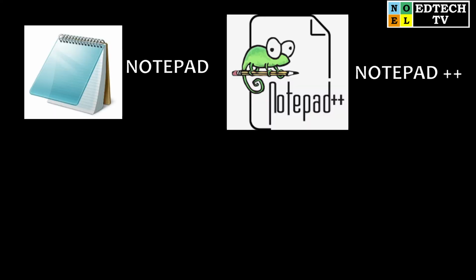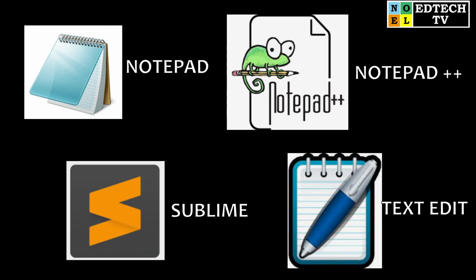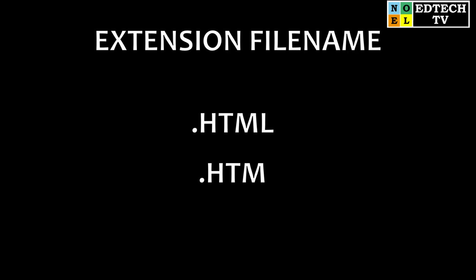For example, Notepad, Notepad++, Sublime, or TextEdit are all applications that can be used in writing your HTML documents. HTML documents are files that end with an .html or .htm extension.